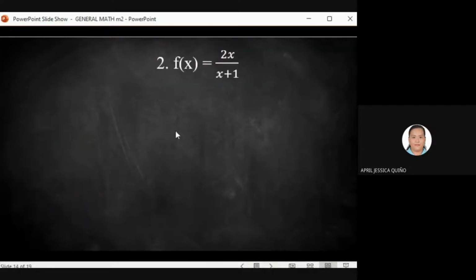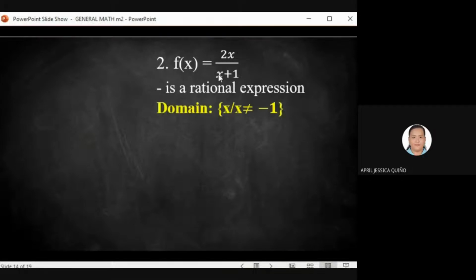As you can see here, f of x is equal to 2x over x plus 1. Our denominator is a polynomial with x, okay? So, we need to make sure, since it's a rational expression, anong number ang hindi natin pwedeng gamitin sa x, the value of our x. We should not assign negative 1.